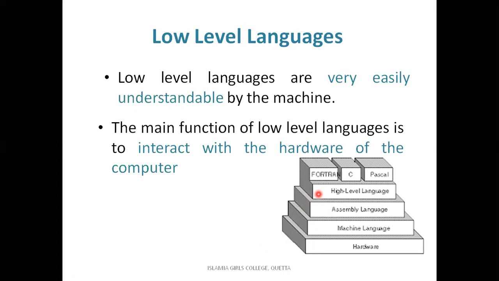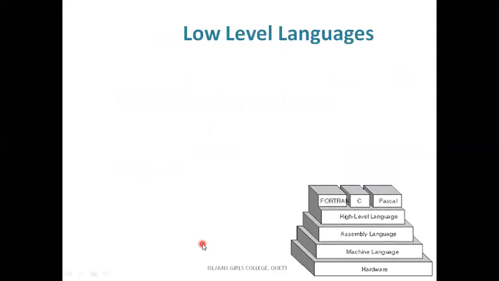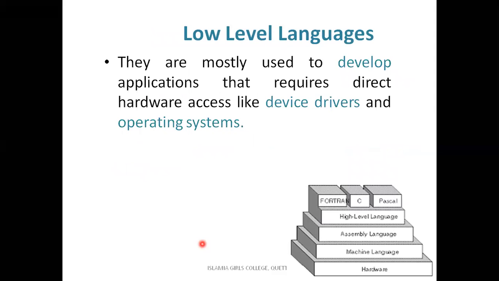Second point is that the main function of low-level languages is to interact with the hardware of the computer. As they are close to the hardware, therefore they are used in the programs for controlling the hardware. So they are mostly used to develop the applications that require direct hardware access, like the device drivers and the operating systems.